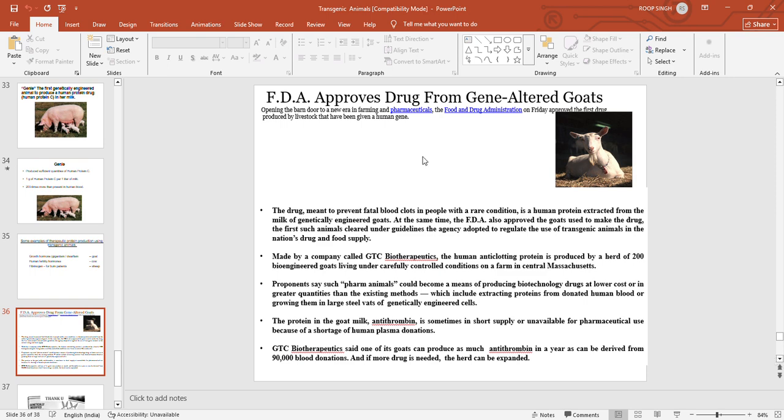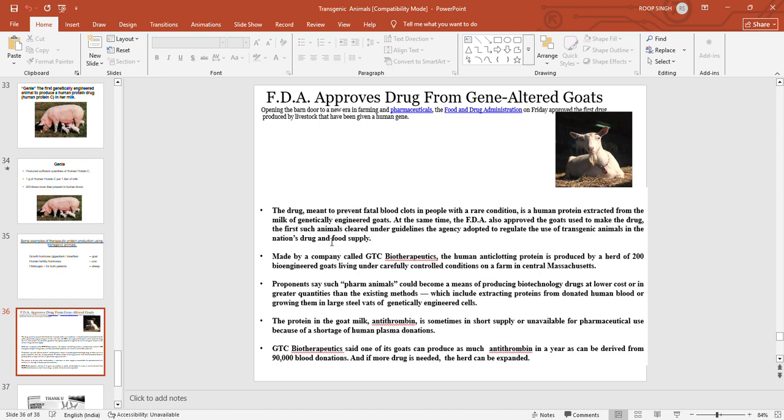So this is one example where a drug produced from a transgenic animal has been approved by the FDA for human use. This protein is made from a transgenic goat.